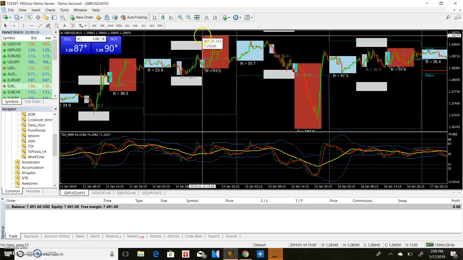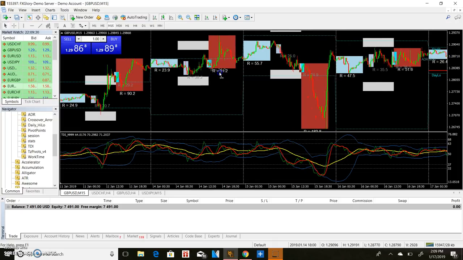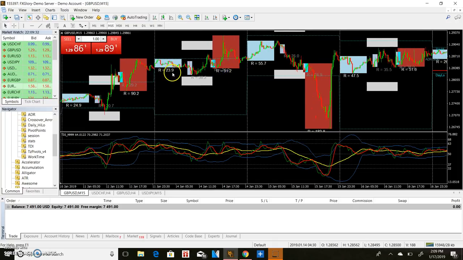But this is how you can measure your pips and how much money you make, right? So let's see, from this box to this box is around 91 pips. That's what it tells you right here. You see these 23.9? That's 23 pips right there. So you can measure your pips as well when, let's say, you caught this drop.